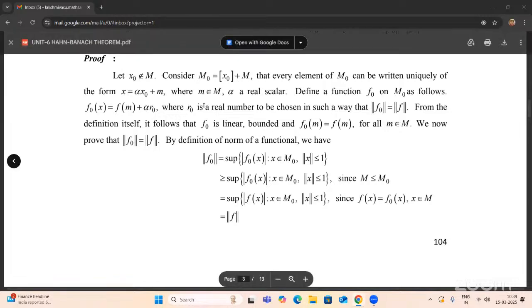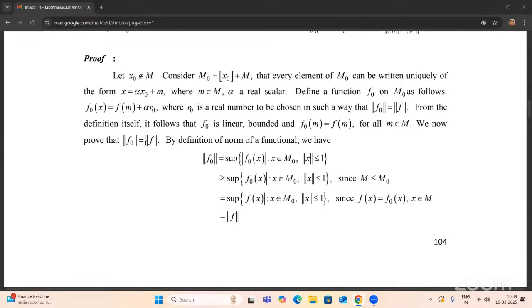We now prove this: how to prove that norm f naught equals norm f? By the definition of the norm of a functional, norm f naught equals the supremum of mod f naught of x, where x is an element of capital M naught.